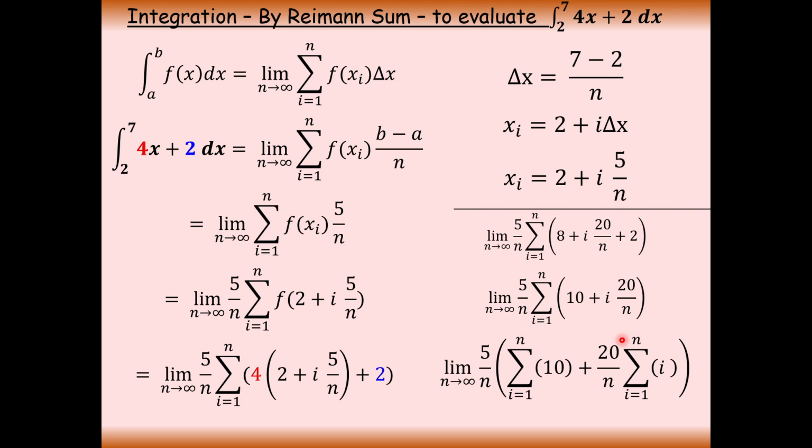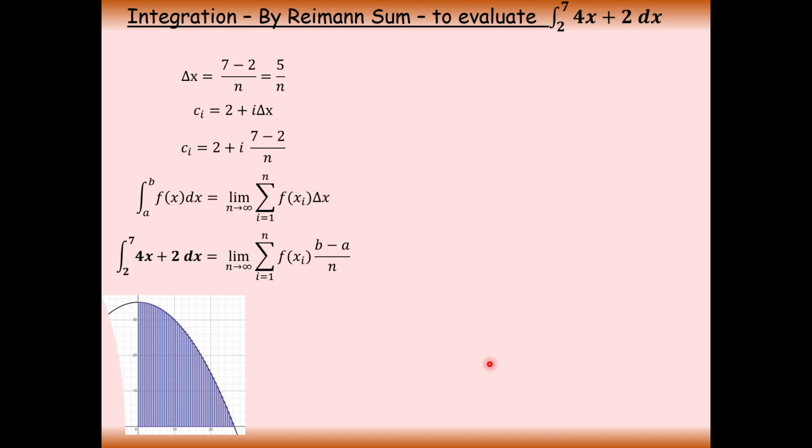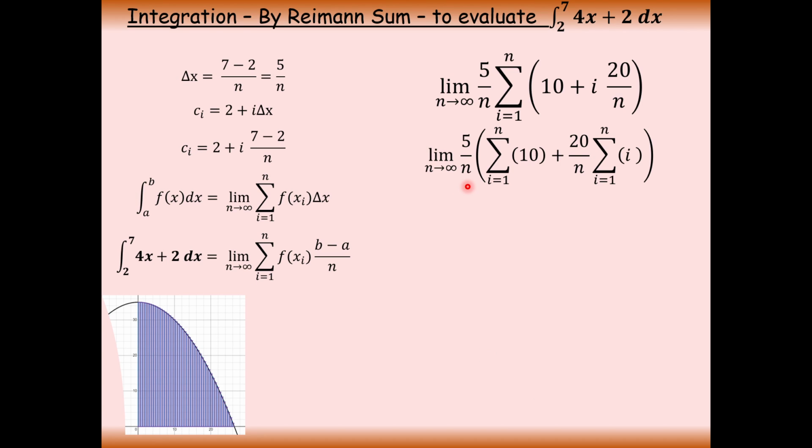So once you expand the brackets, this sum of constants 10 is going to give us 10n, and I have run out of room, so I put it on the next slide here. So then we are going to use the same formula for the sum of natural numbers here.